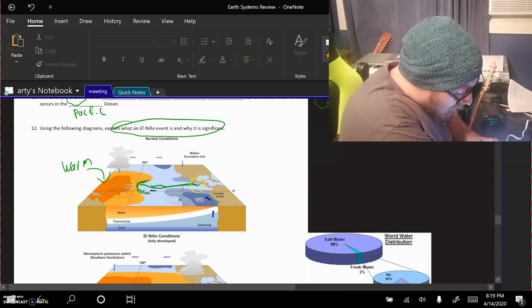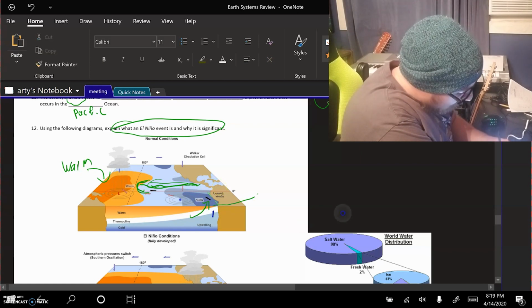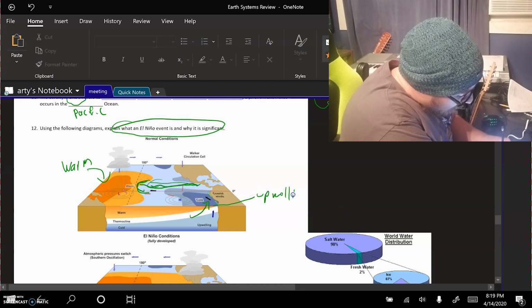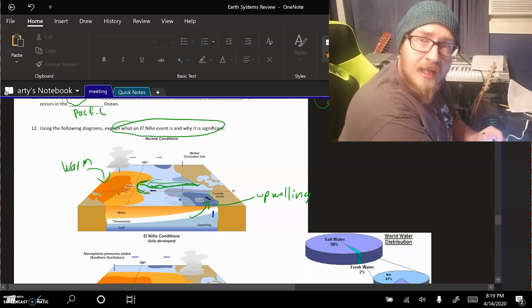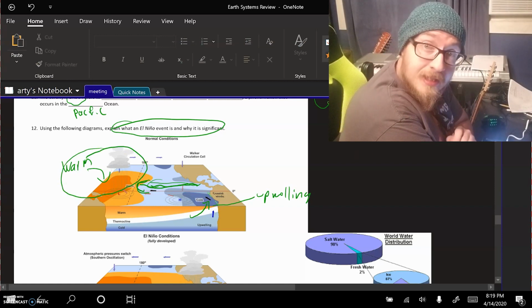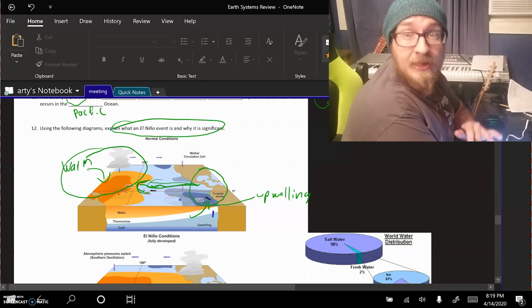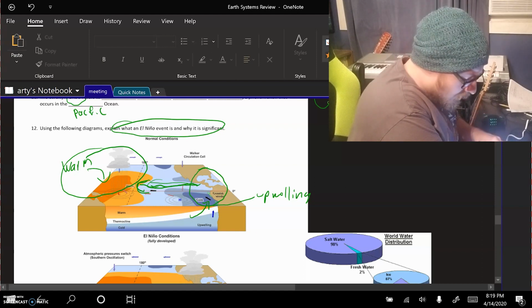And because this water is being moved away, it allows for upwelling of cooler water near the South American side. So this is where upwelling occurs. And these are the normal conditions. It creates wetter, rainier, warmer conditions on the Asian side of the Pacific Ocean, and it creates slightly cooler, drier conditions on the American side of the Pacific Ocean.